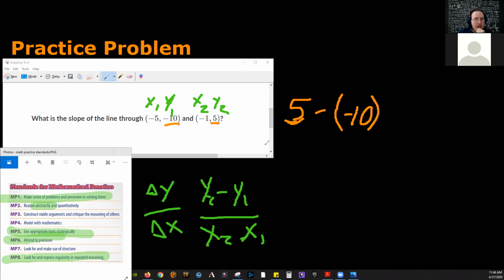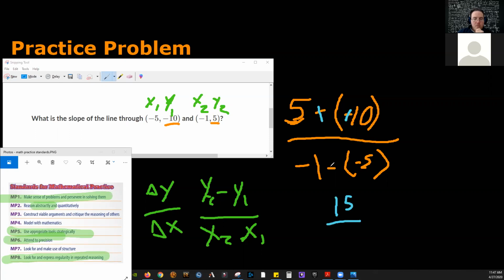There and there. And then on the bottom, it's x2, which is negative 1, minus x1, which is a negative 5. So we'll nest that as well. Okay, so 5 minus a negative 10. Well, that's the same as addition because the opposite of subtraction is addition. 5 plus 10 is 15 over negative 1 minus a negative 5.